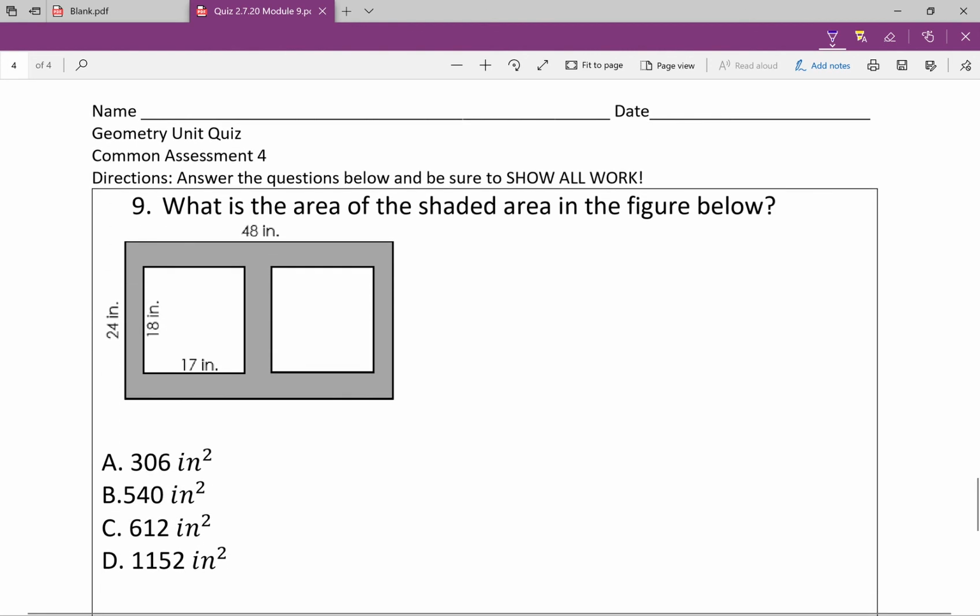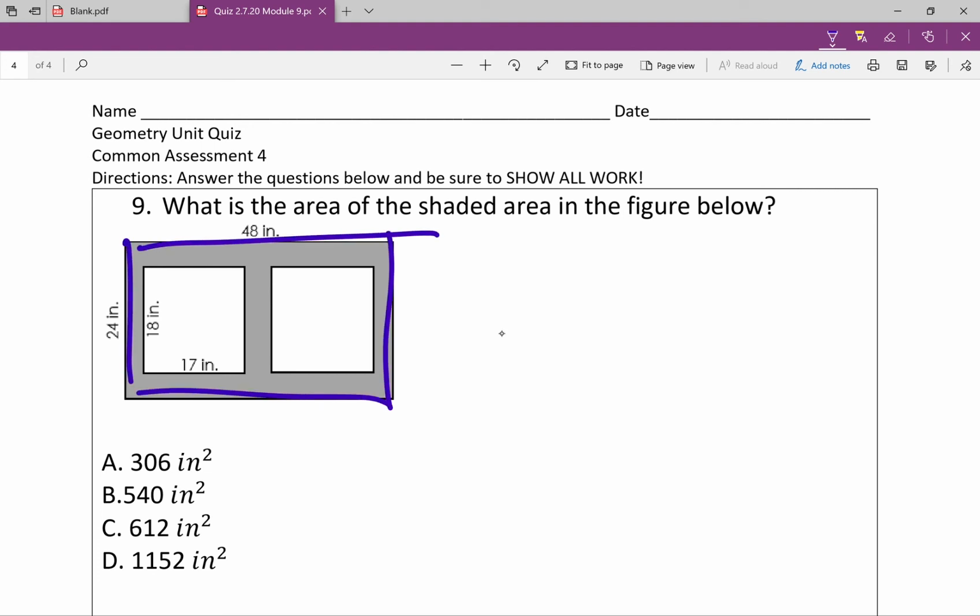Next one, I'm looking for the shaded area. That means I'm going to take out the white pieces. I'm going to take away the white spaces. So I have a big rectangle and two smaller rectangles that I got to take away. First I'm going to find the area of the big rectangle, which is 24 by 48, which is 1152.